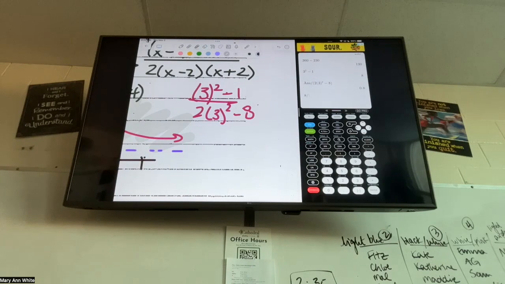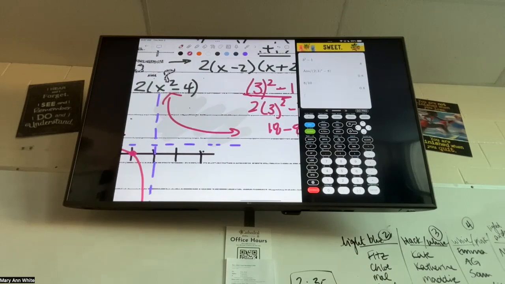Then 3 squared is 9, 9 times 2 is 18, 18 minus 8 is 10. So I've got 8 divided by 10, which is about 0.8. That's bigger than 1/2, right? 0.8 is bigger than 0.5, so that means it's above this line right here. That's why that C curve is above that line.